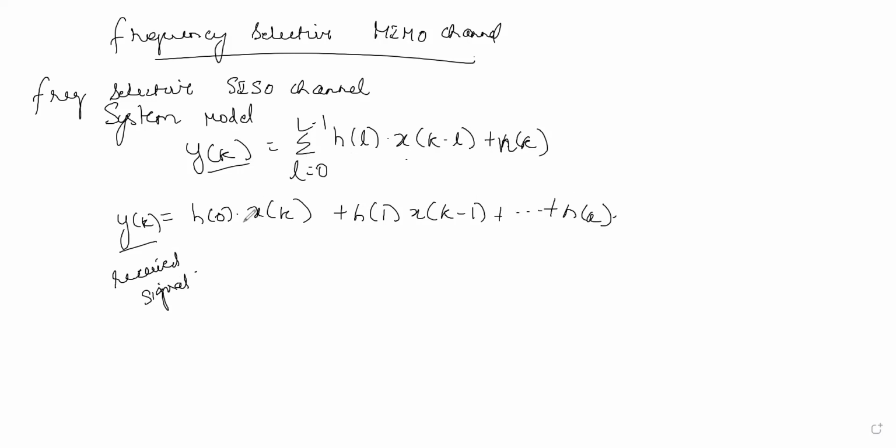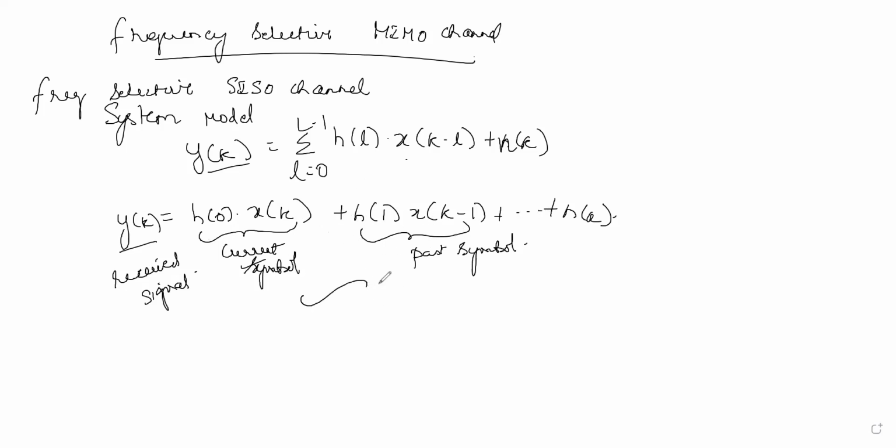When we expand this, the first term, h of 0 into x of k, represents the current symbol which is getting transmitted. Along with that, we are going to get the past symbols as well. h of 1, x of k minus 1 is nothing but the past symbol. So at the receiver end, we get the current symbol with the past symbol.